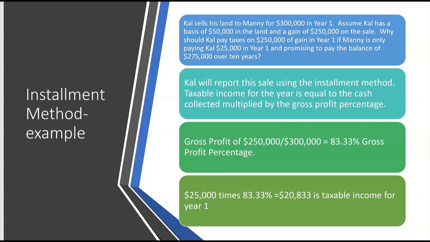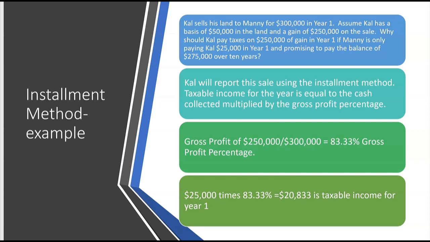So if Cal receives only $25,000 this year, how much taxable income does Cal have from the sale of this land, which is supposedly selling for $300,000? The gain looks like $250,000, but he's only getting $25,000 of the $300,000 this year. He's got to wait 10 years for the other $275,000. Why should he pay all tax on that $250,000 of gain in year one when he's only collecting $25,000 of the cash? What if he never gets the rest?